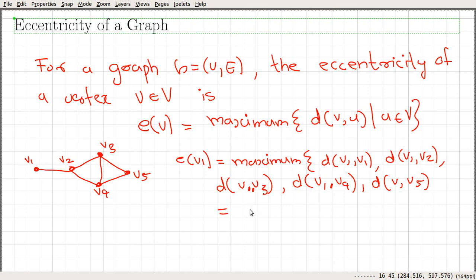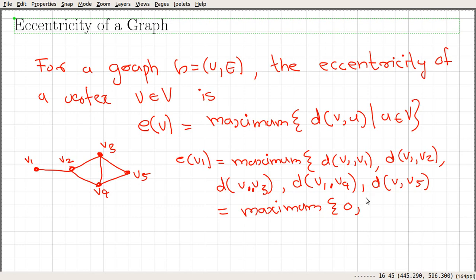The distance between v1 and v1: it's itself. If we are in v1, we are still in v1, so the distance between a vertex and itself is 0. The distance is nothing but the shortest distance between those two vertices. So the distance between v1 and v2 is 1. We can go from v1 to v2 using this edge.